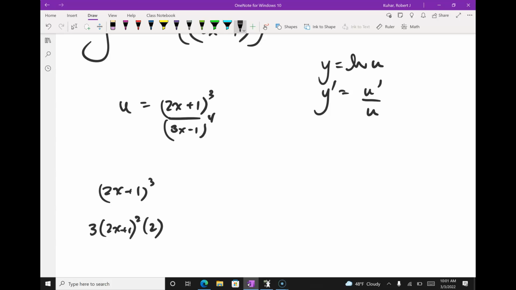Where the heck did that extra 2 come from? Derivative of 2x plus 1, right? Derivative of 2x plus 1 is 2. My downstairs function is 3x minus 1 to the fourth. So derivative is 4 times 3x minus 1 to the third times another 3.